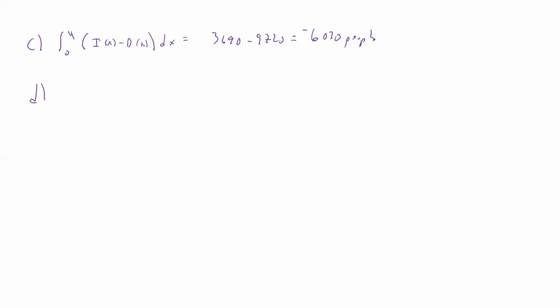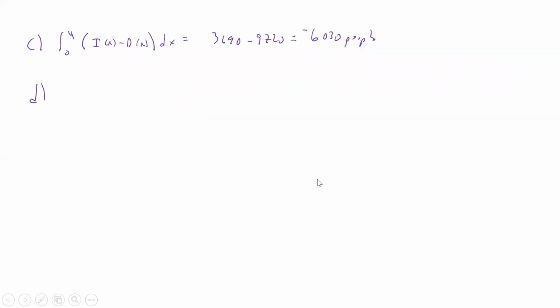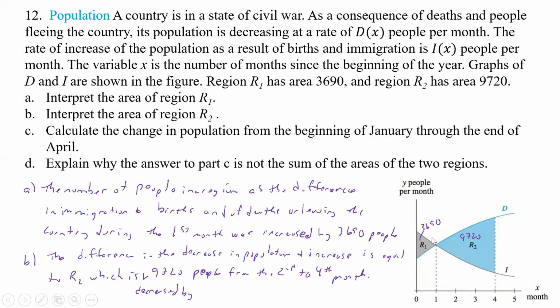Now D, it said, explain why the answer to part C is not the sum of the two areas of the regions. Well, part of it is going to be an increase, part of it is going to be a decrease. If you just add those two areas together, that's going to be the total change, adding plus subtracting.